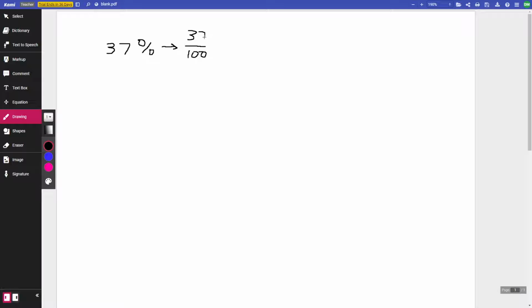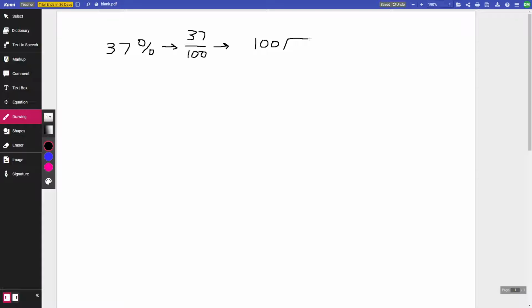Because as we said, a percent is the number in the numerator as long as the denominator is 100. But one other thing that we can think of is that a fraction bar is the same as division. So we can say that this is 37 divided by 100, and we can actually figure that out using long division.